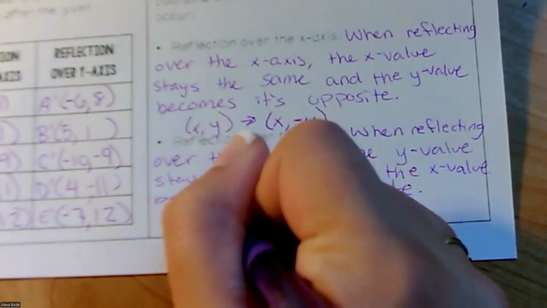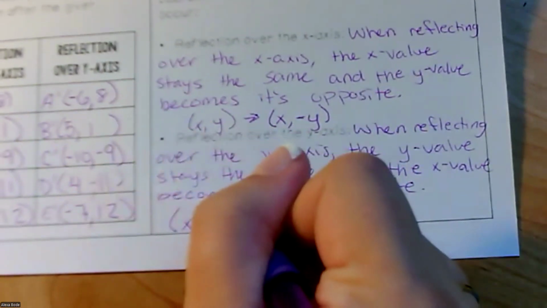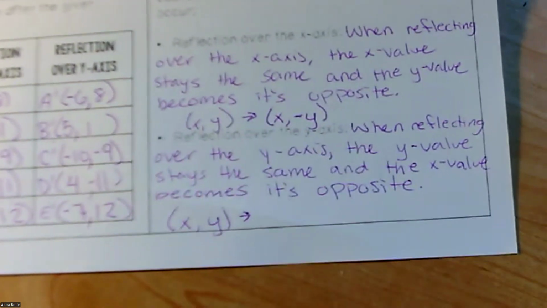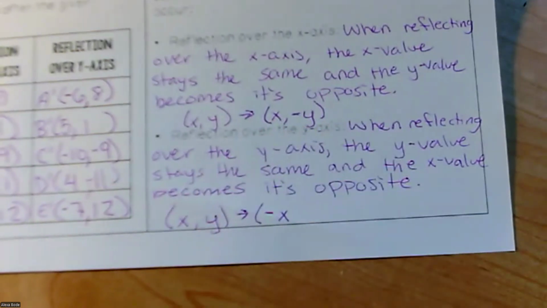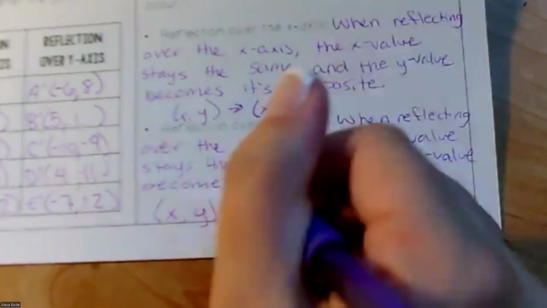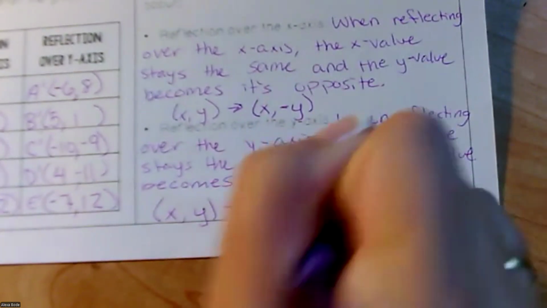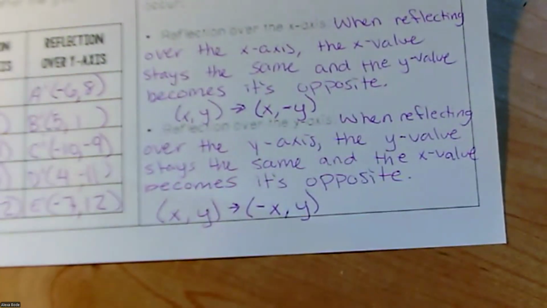Algebraically, our original point, (x, y), transforms. That x value becomes its opposite, so negative means opposite, and the y value stays the same. So make sure you have that written down.